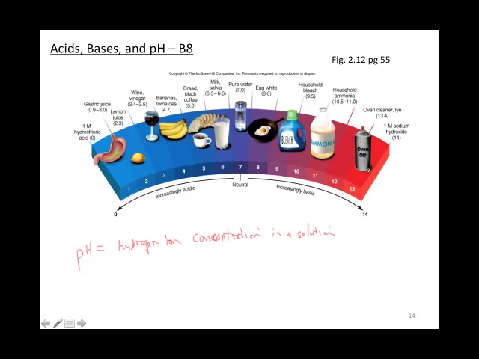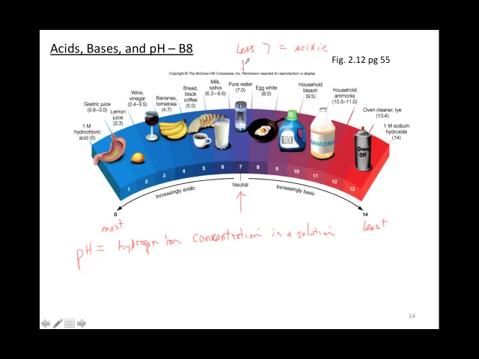If you take a look at this picture here, this is the pH scale. It goes from 0 to 14, with 0 being the most acidic, and 14 being the least acidic, and the number 7 being neutral. Now, you've heard of the term acids and bases. Something that is less than 7 is said to be on the acidic side.